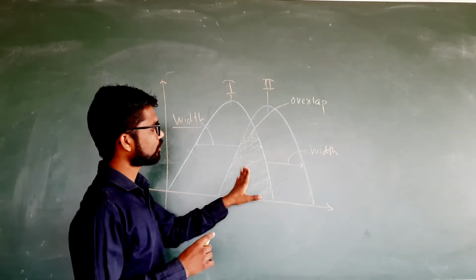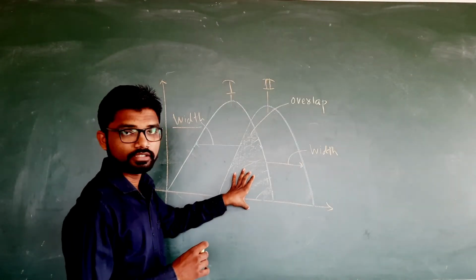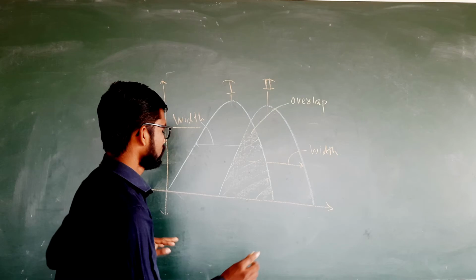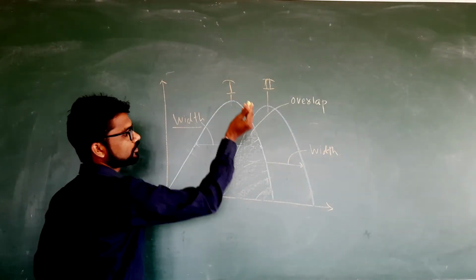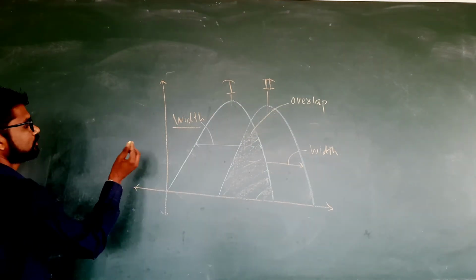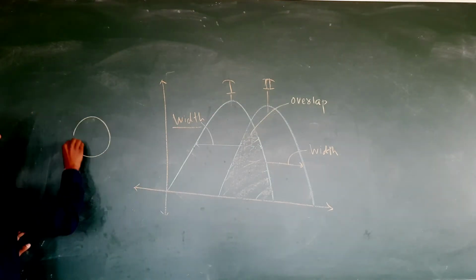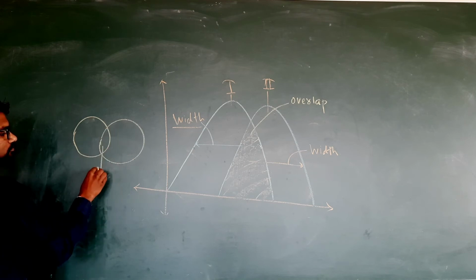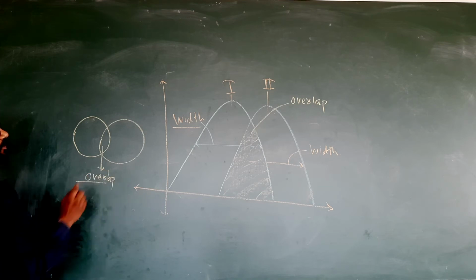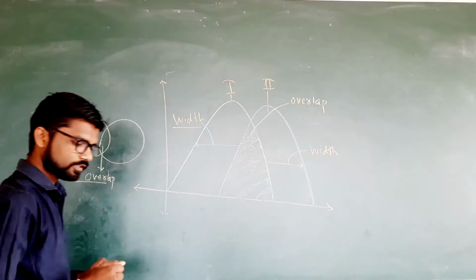Okay, how can we call it this? In case of this graph, we can draw another diagram. This is called the overlap.